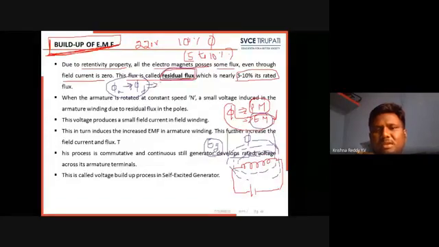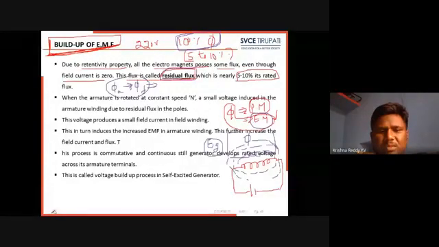Then this flux increases cumulatively up to the rated flux. How are we getting the rated flux in case of self-excited generators?